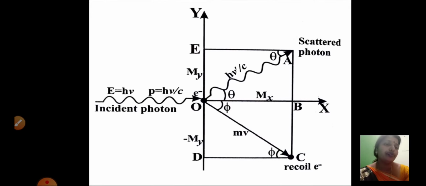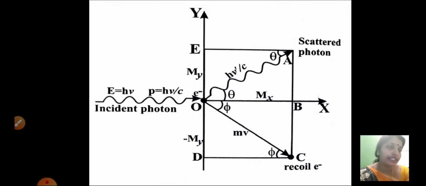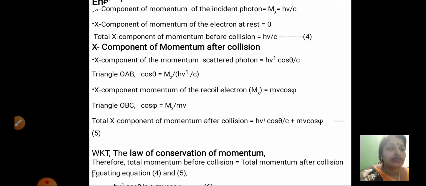Therefore mx equals h nu dash by c into cos theta. Similarly for the recoil electron mv, mx by mv equals cos phi, so mx equals mv into cos phi. That is after collision.